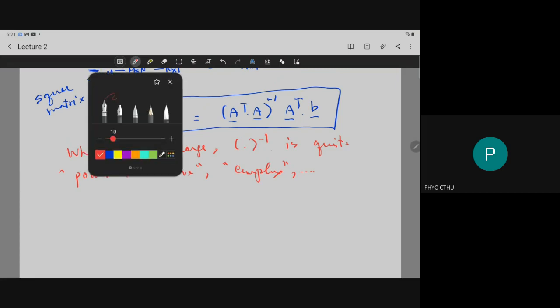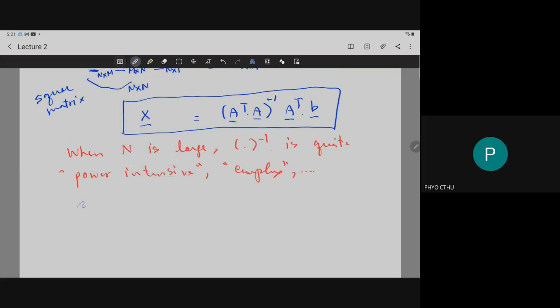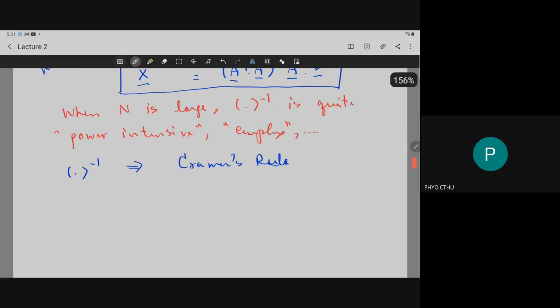Maybe you remember that one way to do inverse is to use Cramer's rule. This is one technique based on the cofactor, and it has a complexity of like n factorial. Let's say that n is equal to 1,000 variables.